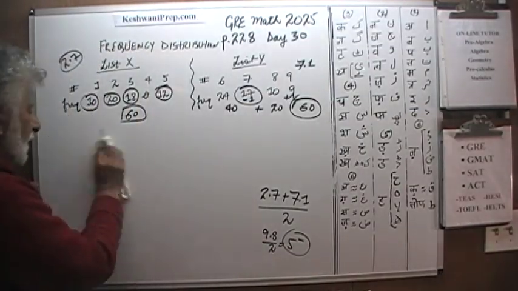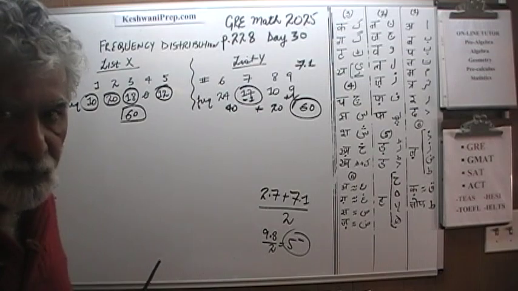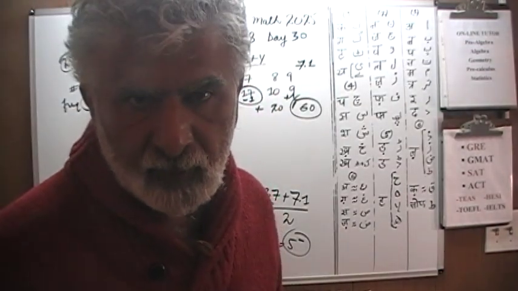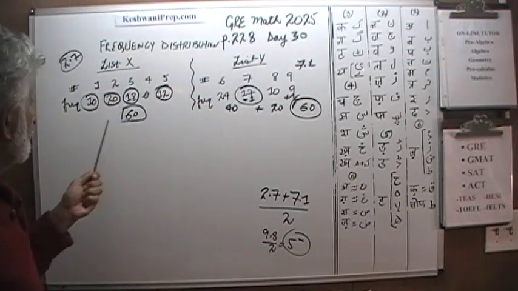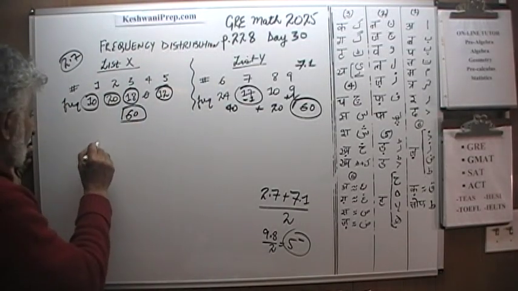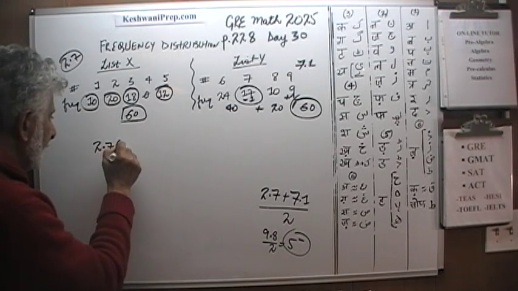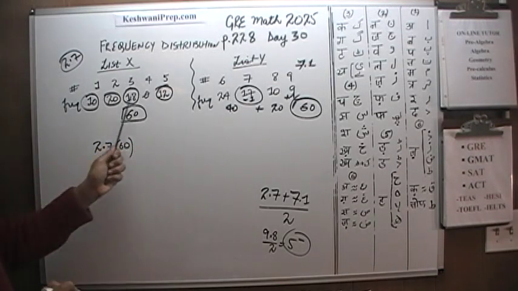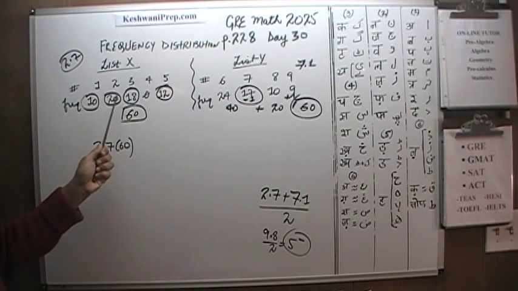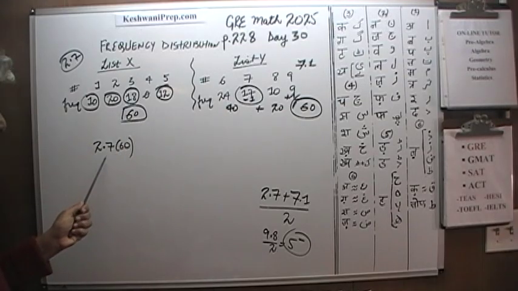Ordinarily, if you wanted to find the average of something, you would add up everything that you have there and divide by the number of observations. Here, since the average is already given, 2.7 times 60 would be the sum of all of these observations. In other words, we have 1 ten times, 2 twenty times, 3 eighteen times. If you were to add them all up and divide by 60, you will get 2.7.